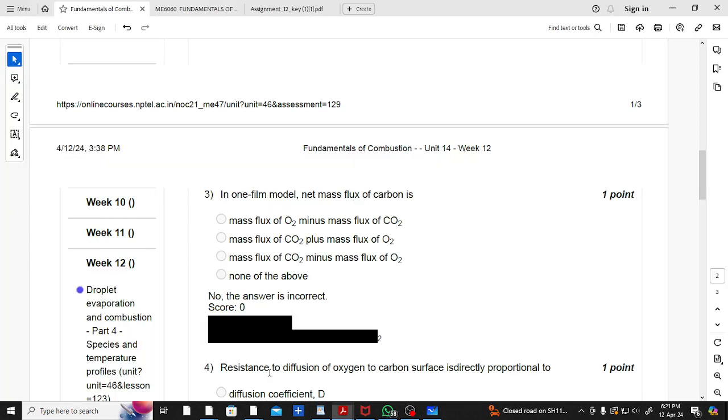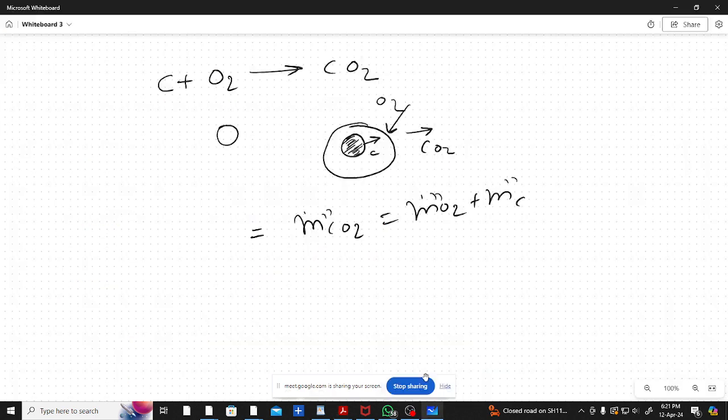See, other than Harsh, can anyone answer why CO2 minus O2, not O2 minus CO2? Just see this equation and you will get the answer.